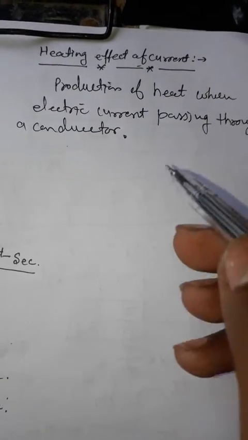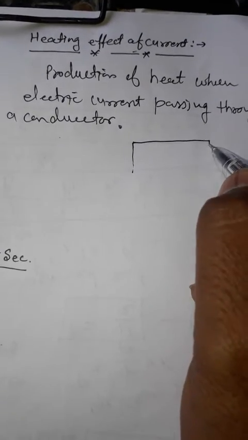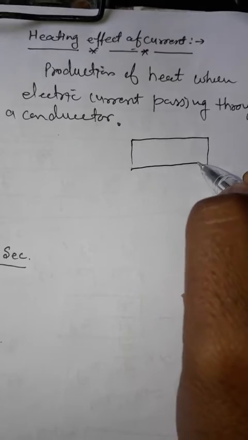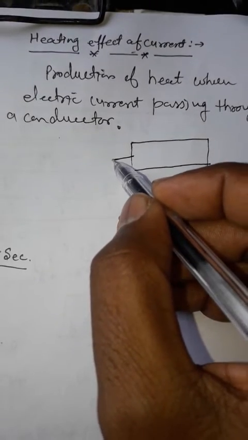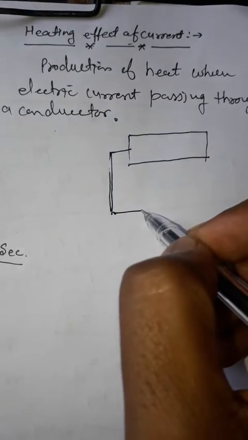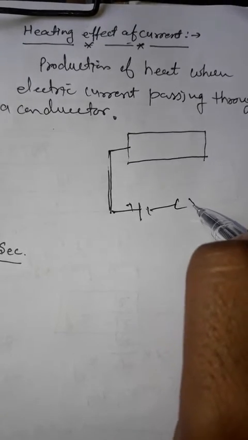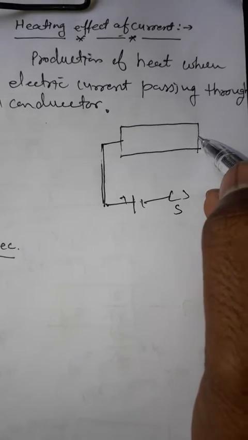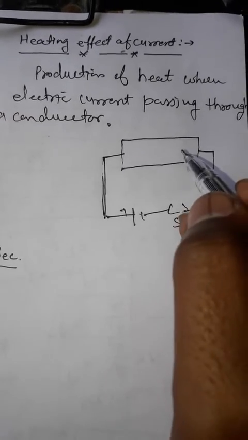Let us see. Consider we have a conductor like this. Now if we apply some voltage, or we connect a battery through a switch S across the ends of the conductor, then what happens?